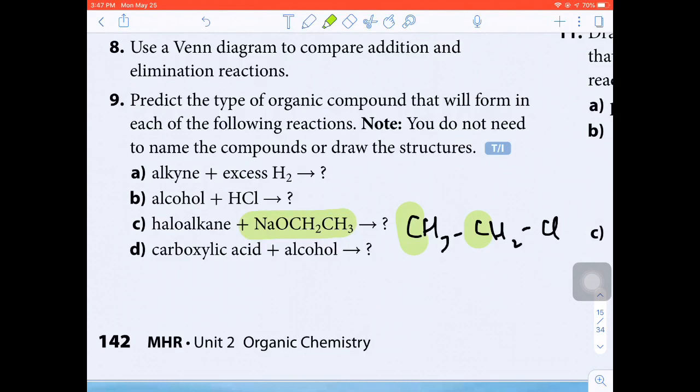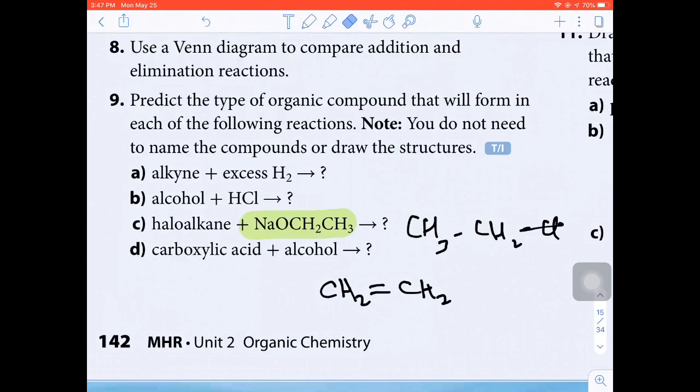By both of them losing an atom, they both need to form a new bond, and what I'm going to do is put a new bond in here once this becomes a 2 and this disappears. So I'll end up with CH2 double bond CH2, where I originally had CH3 and a single bond, and CH2 and chlorine.